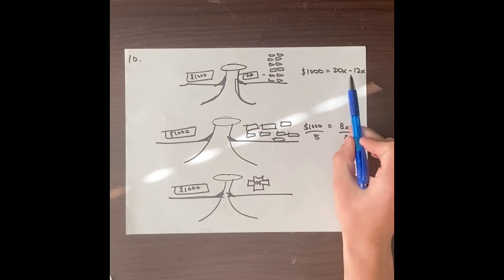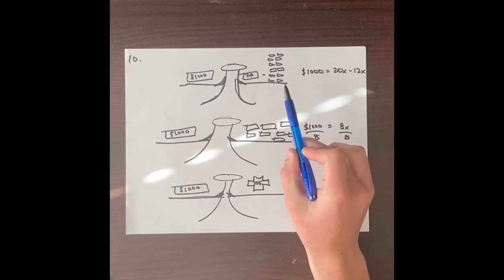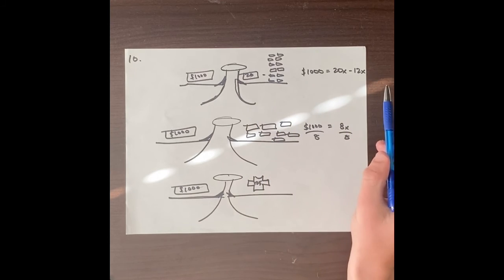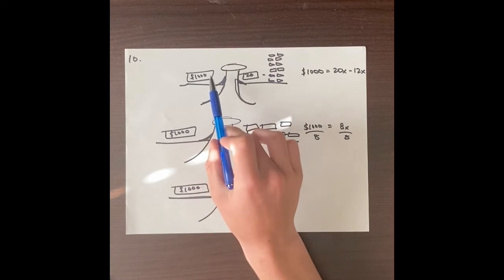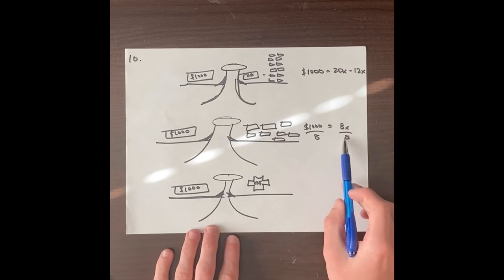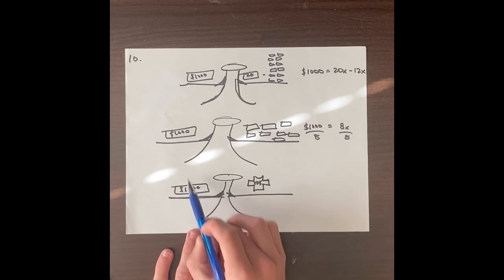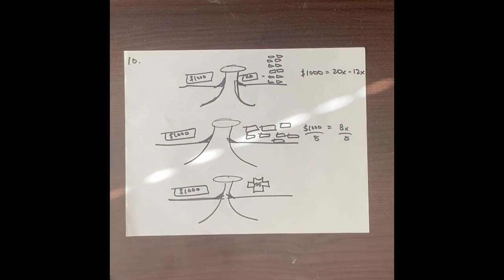The equation starts up here, 20x minus 12x equals $1,000. These are like terms because they both equal $1,000. We're trying to find out how many shirts I need to sell to make $1,000, and that's why this $1,000 is constant. And that's constant until you sell 125 shirts, and then after that it becomes profit.